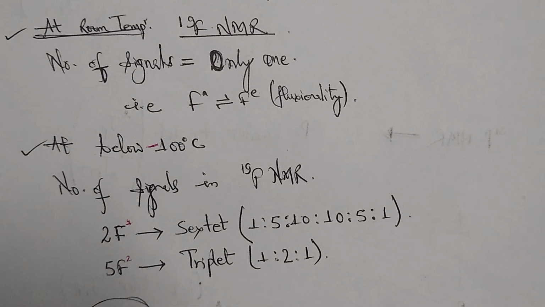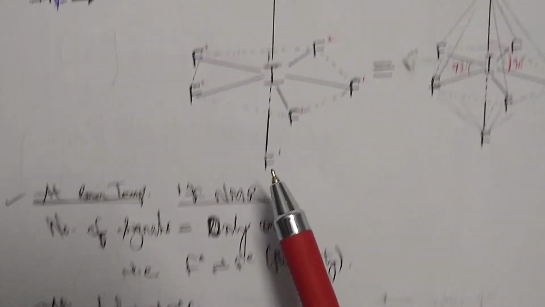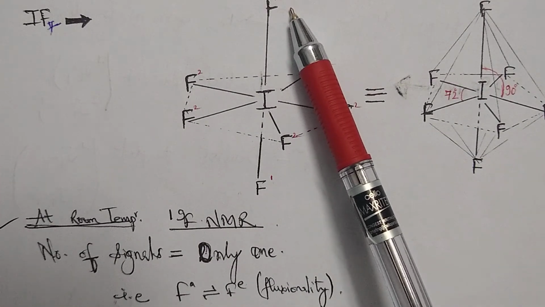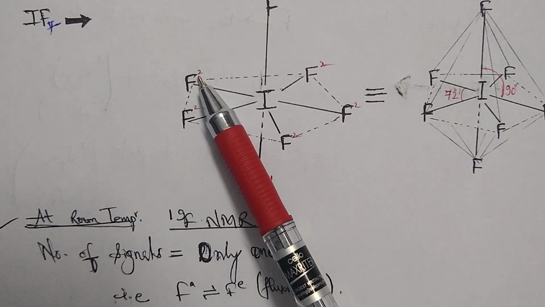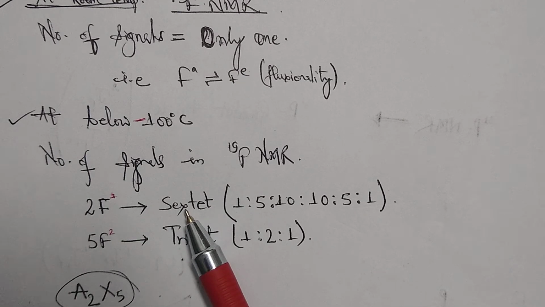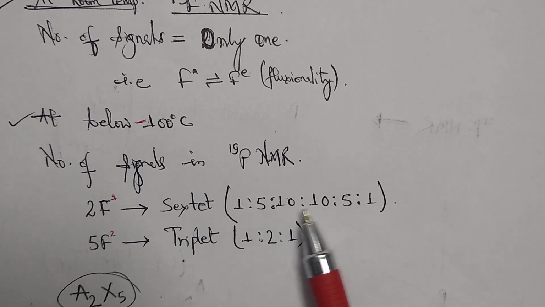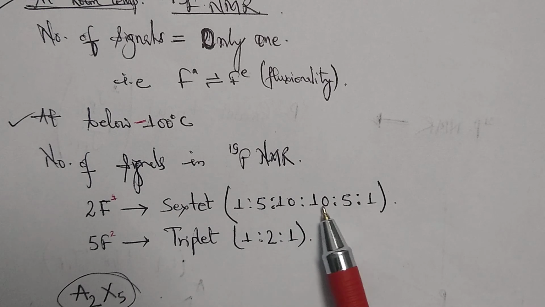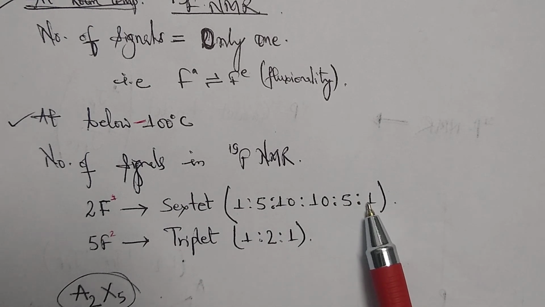But at below minus 100 degrees centigrade, we will observe 2 signals in the 19F NMR. The 2F, that is of one type, which we have observed here, will couple with the 5 fluorine. Now we will get a 6-state multiplicity signal given by the intensity ratio 1:5:10:10:5:1, which is given by Pascal's triangle.